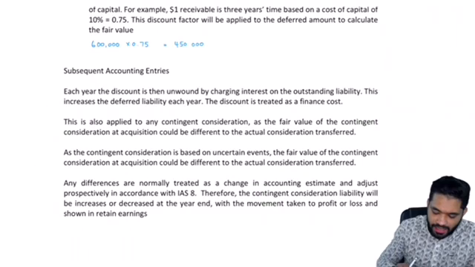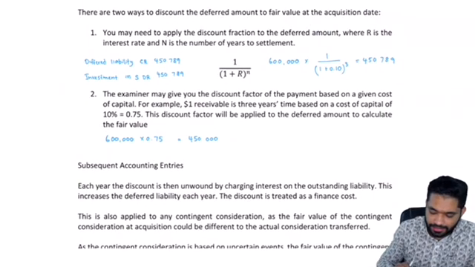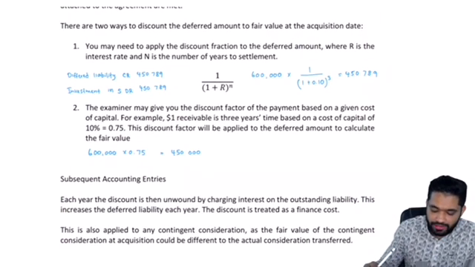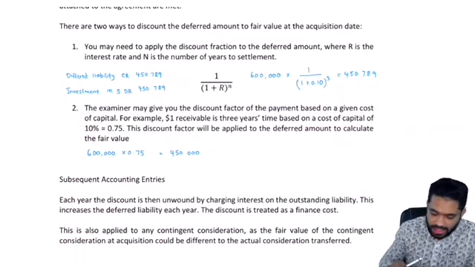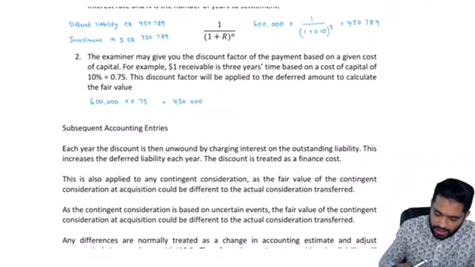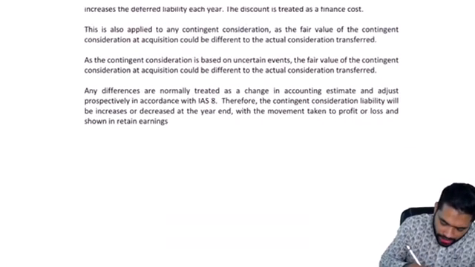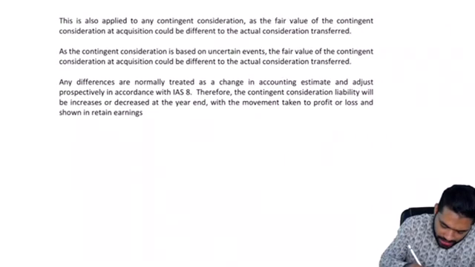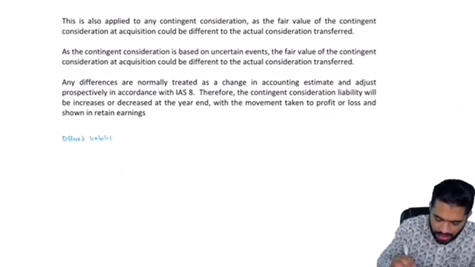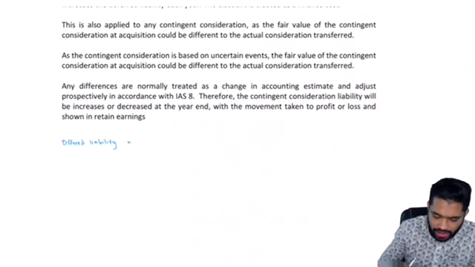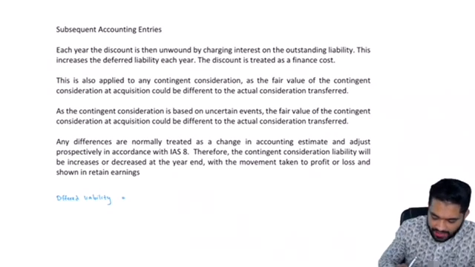So previously we recognized that the deferred liability was 450,789. So you take your deferred liability, which is going to be 450,789.